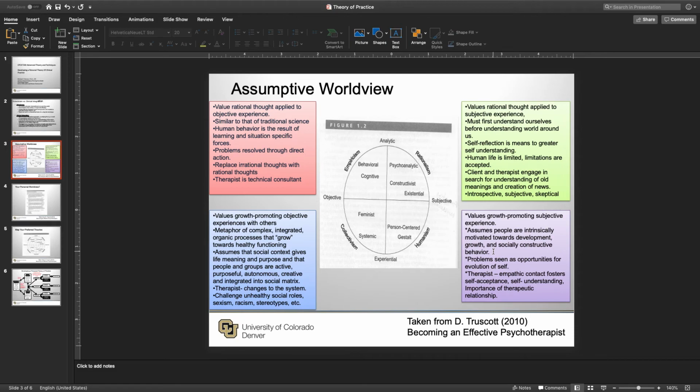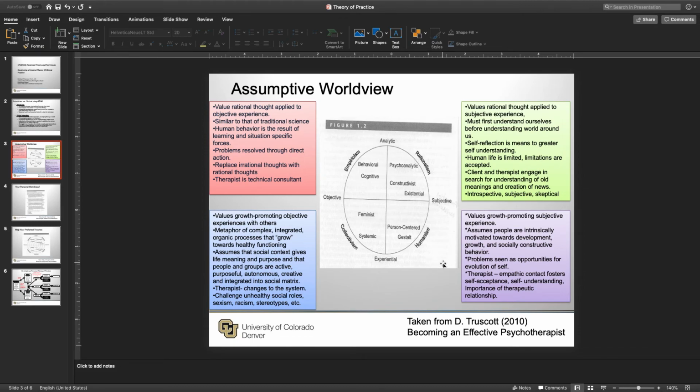We'll talk about motivation in a few minutes, and looking at what people are motivated to do. Problems are seen as opportunities for evaluation of self, rather than as diagnostic, biological processes. The therapist is an empathic contact that fosters self-acceptance, self-understanding, and the importance of the therapeutic relationship.